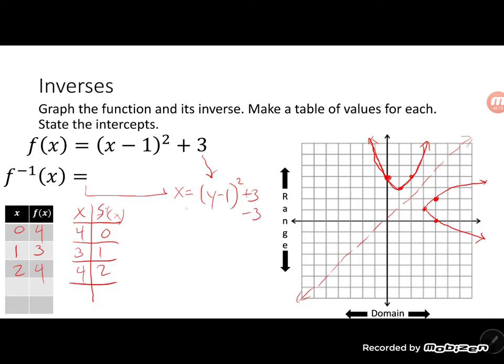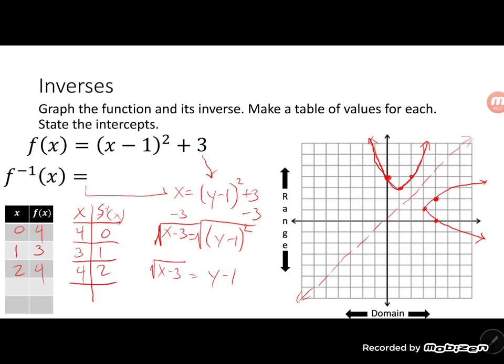So you're going to subtract 3 on both sides. You get x minus 3 equals y minus 1 squared. Got to get rid of that square. How do we do that? Well, the opposite would be a square root. And we would get the square root of x minus 3 equals y minus 1.